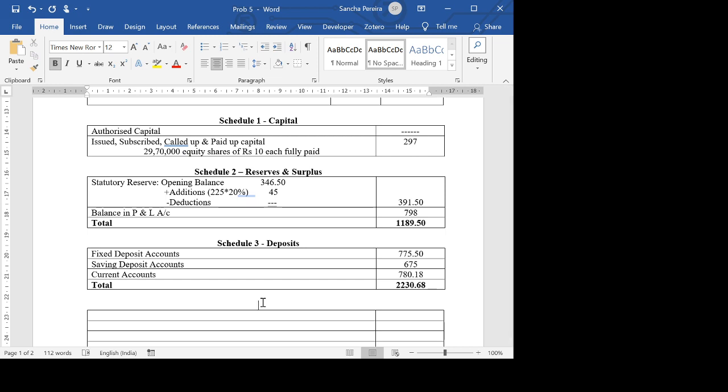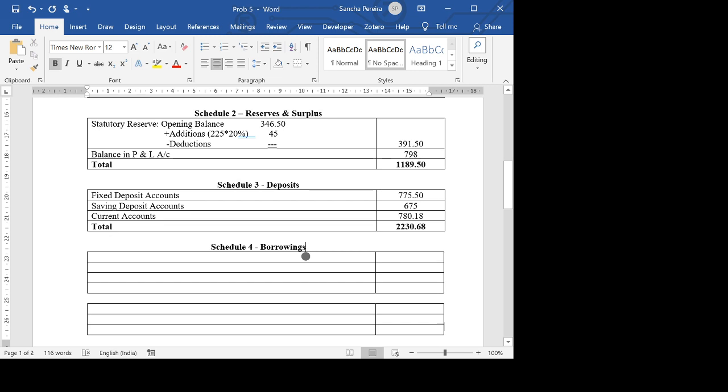Schedule 4, we have an item in schedule 4 which is borrowings. Now we just have one item there, which is borrowings from other banks.